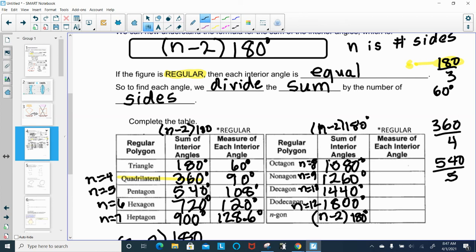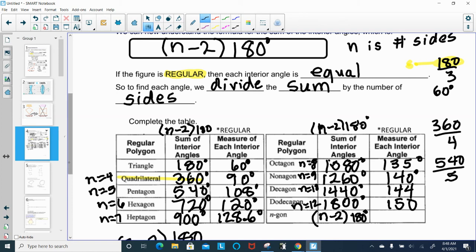And then divided by 8, you're going to get 135. You're going to get 140. You're going to get 144. And you're going to get 150.